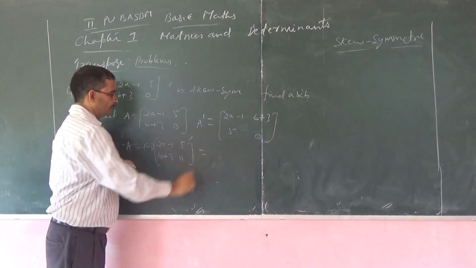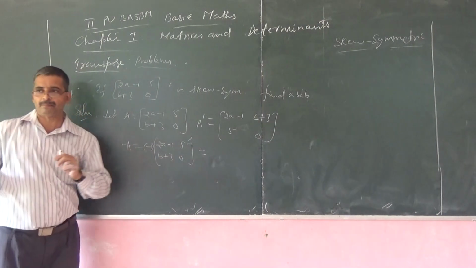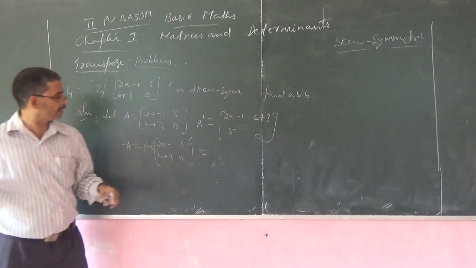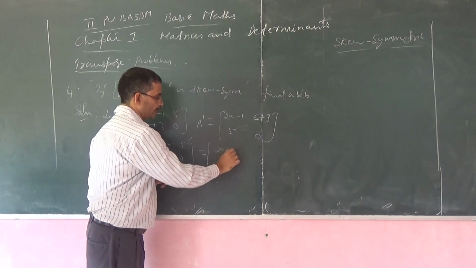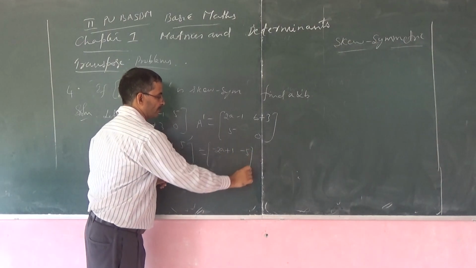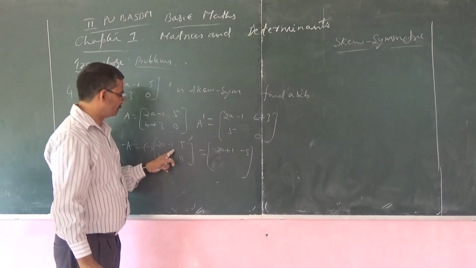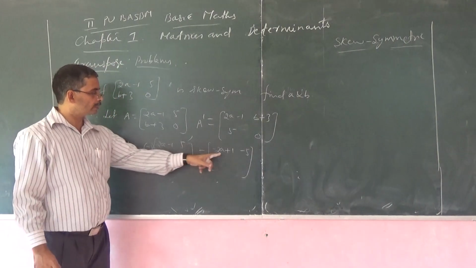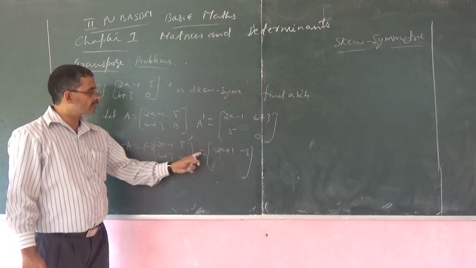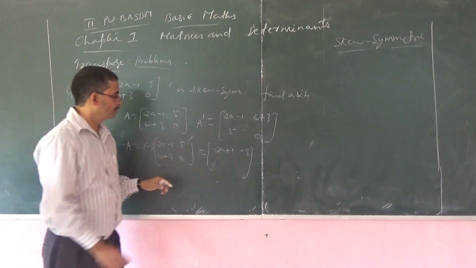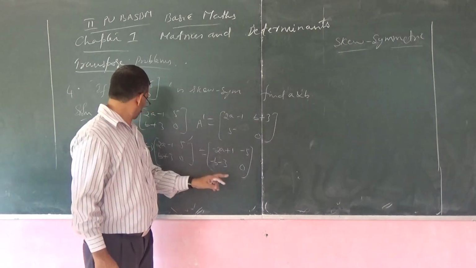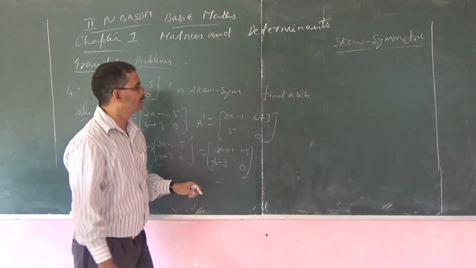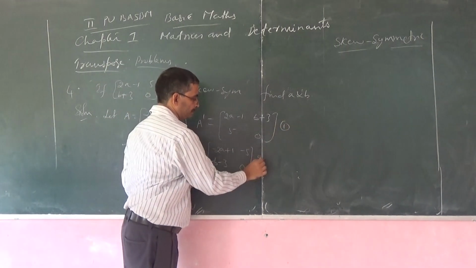This will be equal to 2a minus 1, if you multiply it by minus 1, it will become minus 2a plus 1, minus 5, and minus b minus 3, 0. So this is minus A, this is A dash. We can call them 1 and 2.